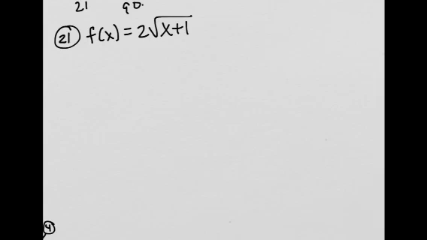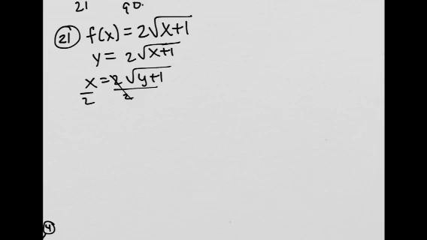Okay, so for 21 through 25, we're finding the inverse, and you guys asked for all of them. So switch the f of x to y. Then we switch the x and the y. Then we solve for y. So I'm going to go ahead and divide by 2.